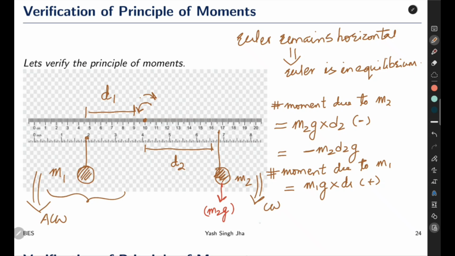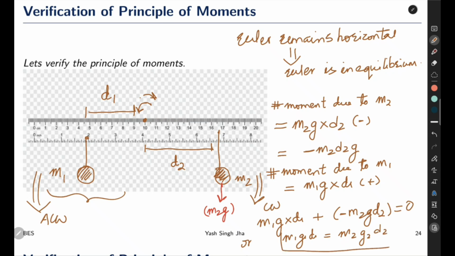So m1g times d1 plus negative m2g d2 is 0, or m1 g d1 equals m2 g d2, which is the sum of anti-clockwise moments equal to the sum of clockwise moments.